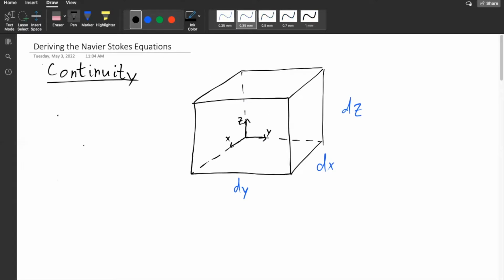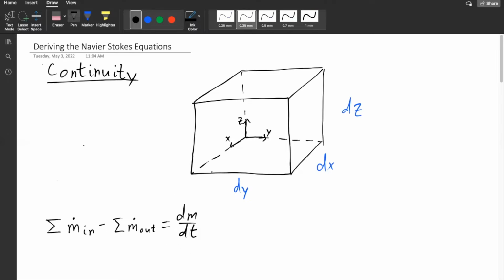So the continuity equation, or the mass transport equation, states that the sum of the mass flow rate going in the control volume minus the sum of the mass flow rate going out of the control volume equals the change in mass with respect to time, dm/dt.